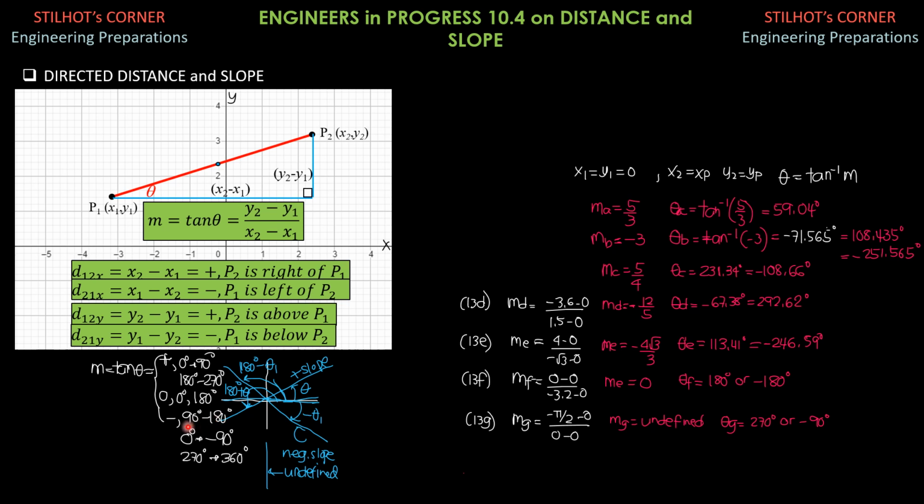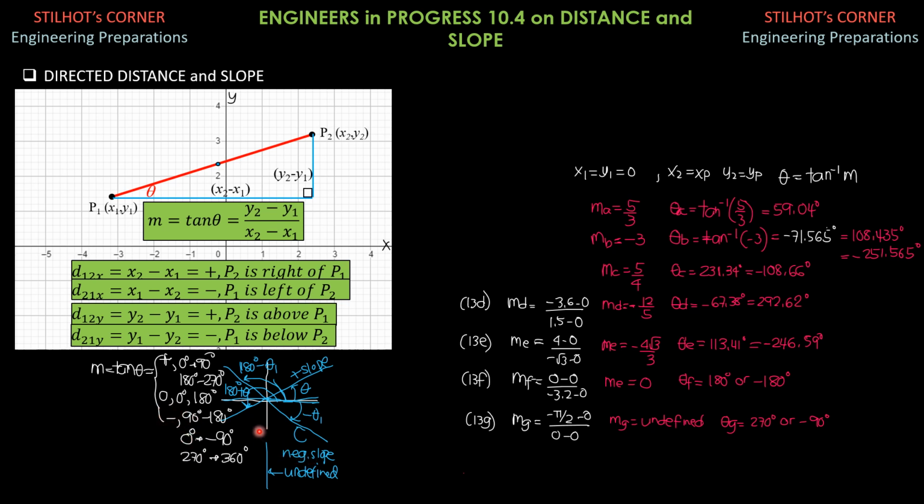The tangents are negative, so that's why the slopes are negative for that range of angles, 90 to 180 degrees. Also from 0 to negative 90 degrees, or the other term is 270 degrees to 360 degrees, the slopes would be negative.